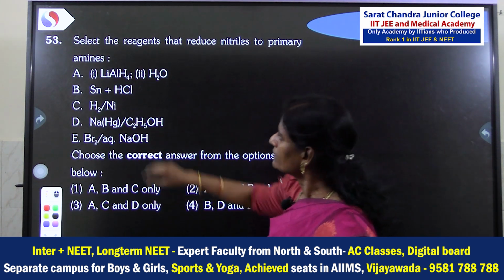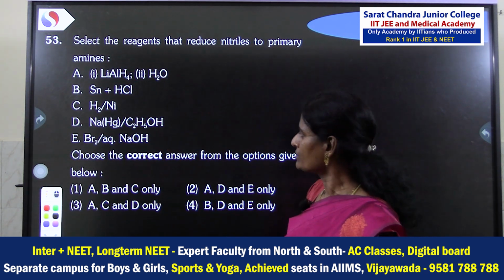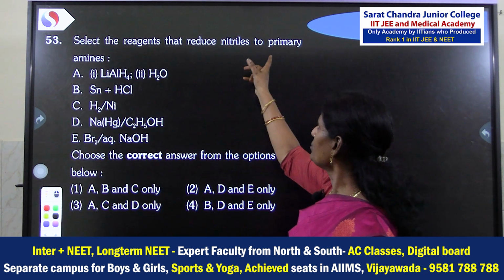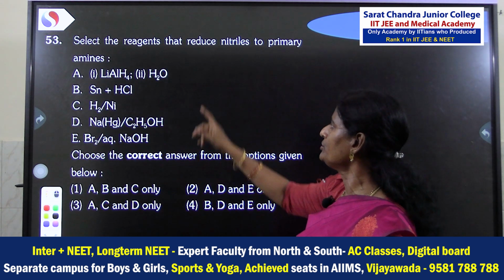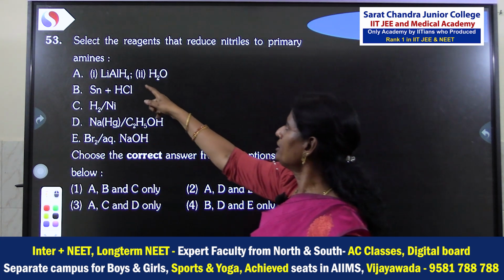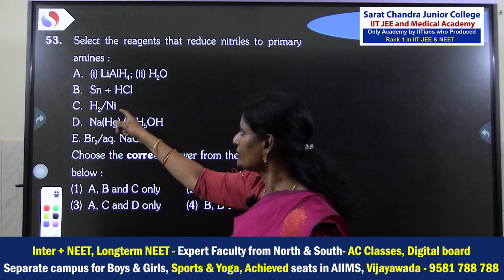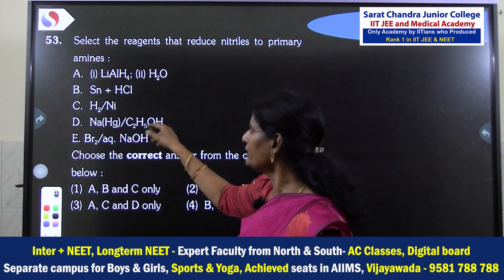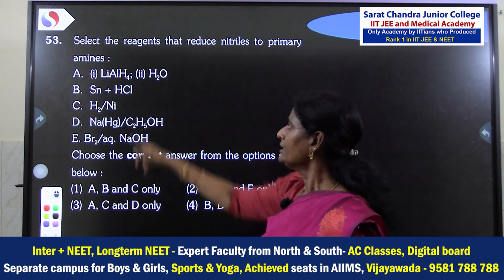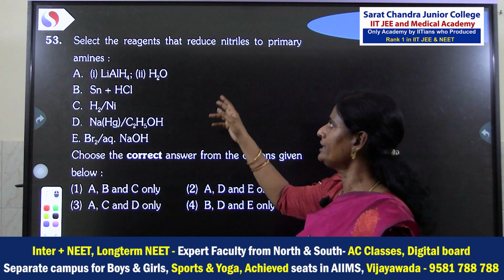Out of these 5, the reagents which reduce nitriles, that means cyanides, to primary amines are lithium aluminum hydride followed by hydrolysis, hydrogen with nickel catalyst, and sodium amalgam with ethanol.